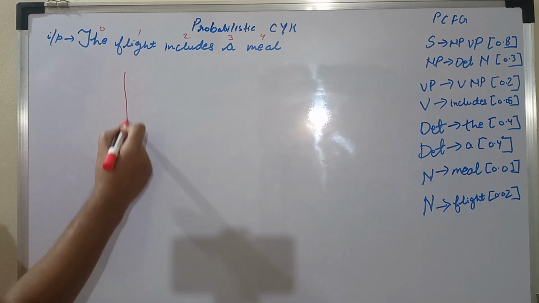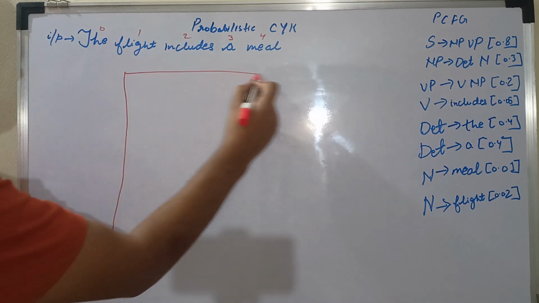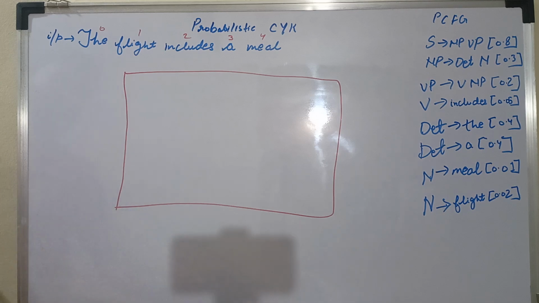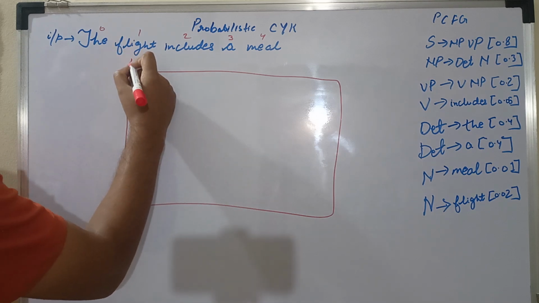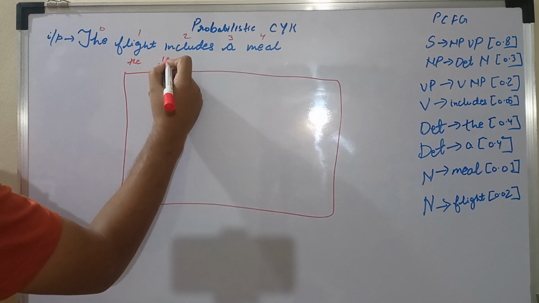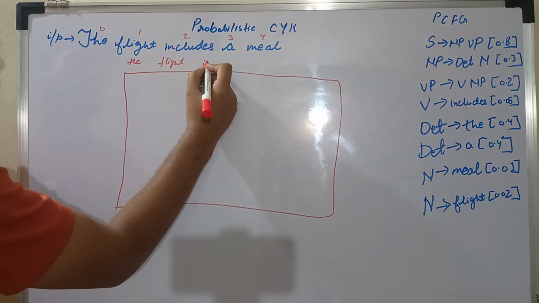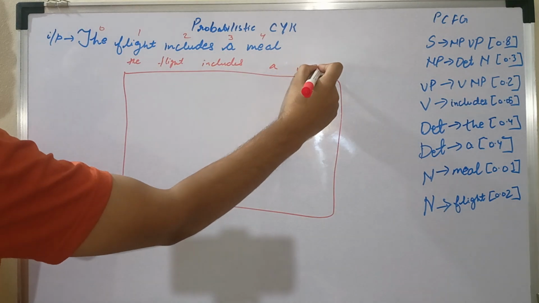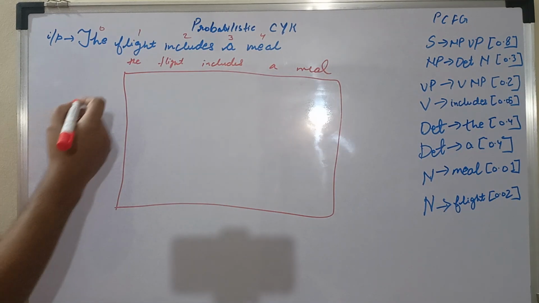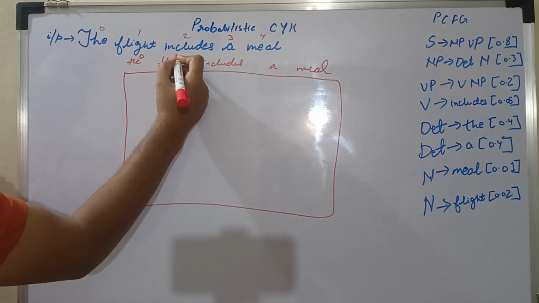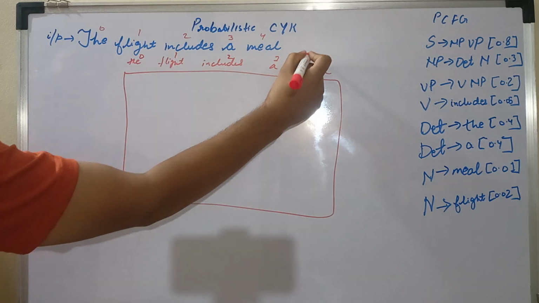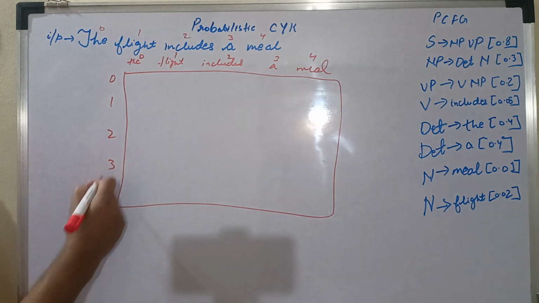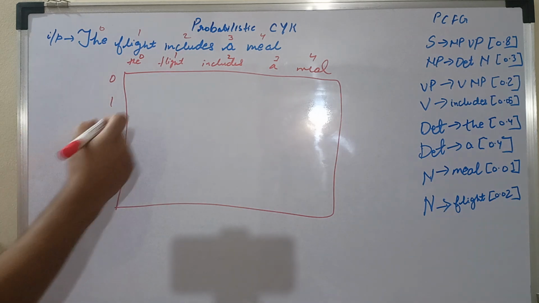So we will just create a matrix with the words the flight includes a meal, and similarly we can also write 0, 1, 2, 3, 4 along the other axis. It is up to us if we want to write the same words here.